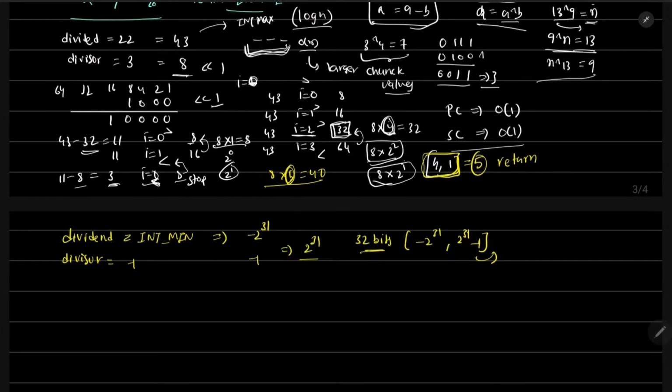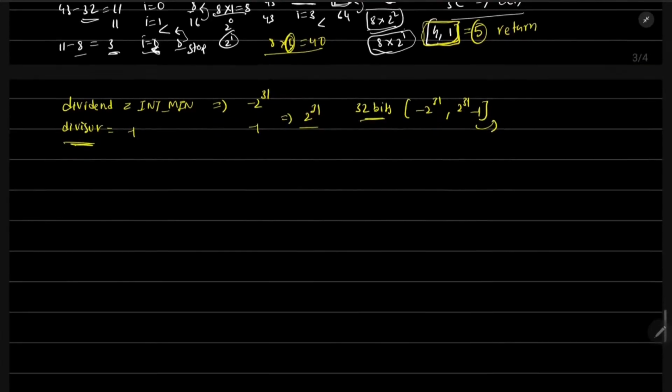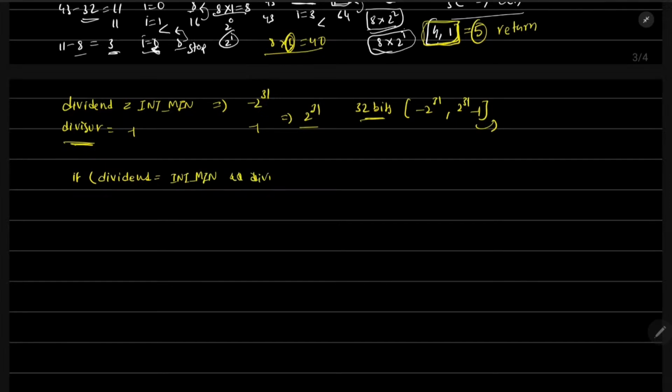We take a long and we just have an edge condition for this: if the dividend is equal to int min and the divisor is equal to minus 1, return int max.